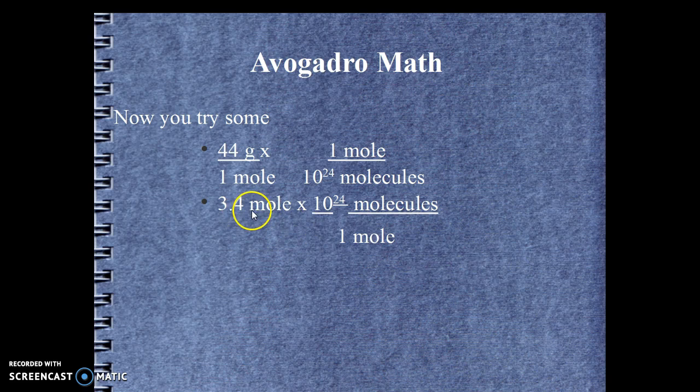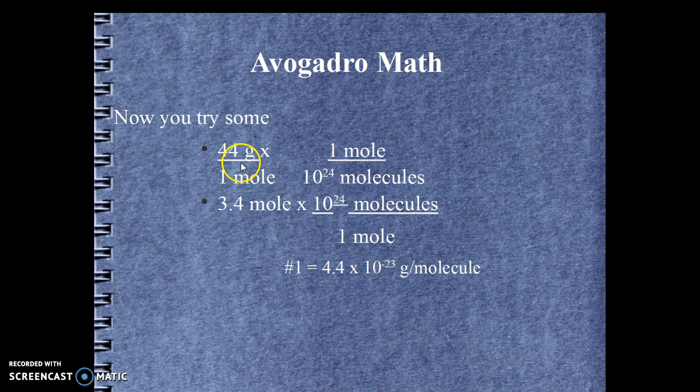Or 3.4 moles times 10 to the 24th molecules per mole of anything. How many molecules are in 3.4 moles? Go ahead and turn the video off and then come back after you've finished your calculations and have written them down. Here are the answers.